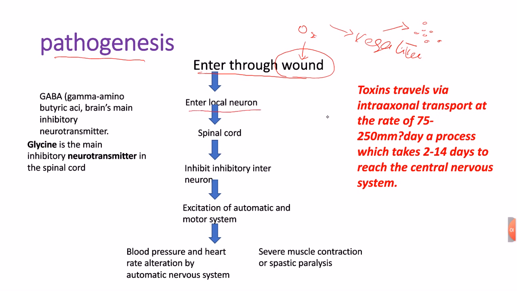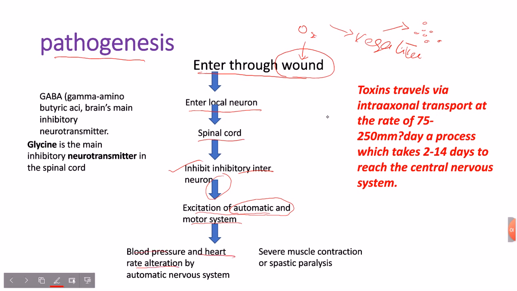So they enter the local neuron, reach the spinal cord, and inhibit the inhibitory interneuron, which causes two types of function: excitation of the autonomic and motor systems. When the autonomic system is excited, it causes alteration of blood pressure and heart rate.